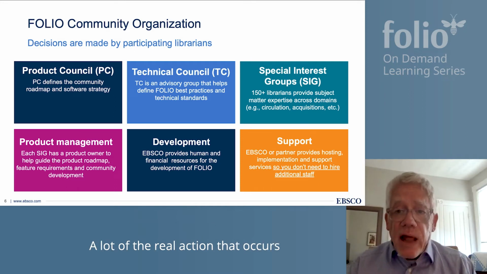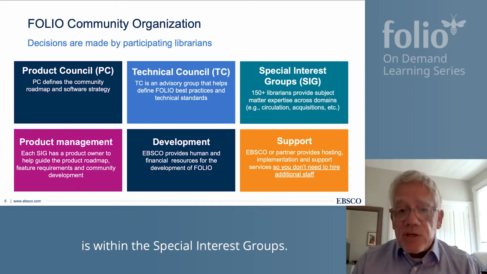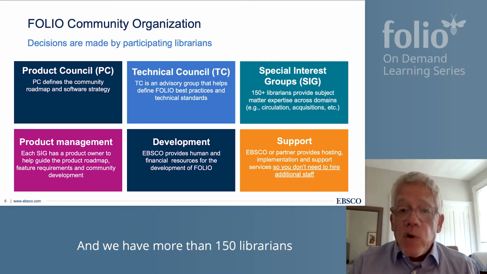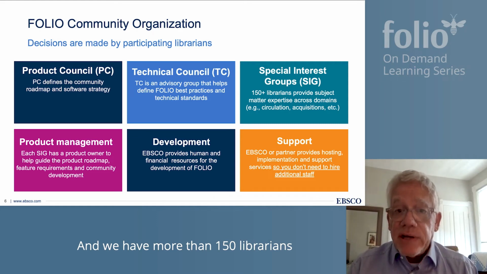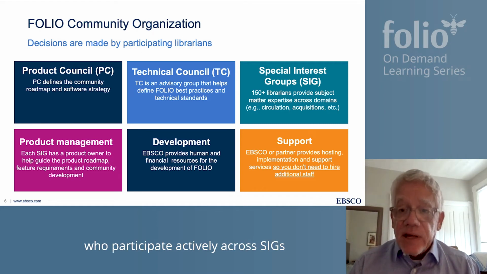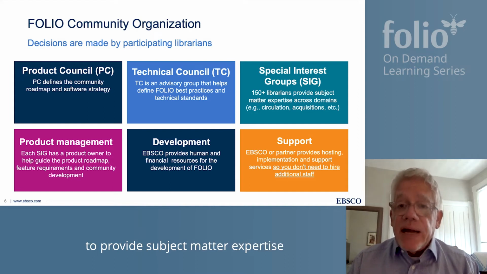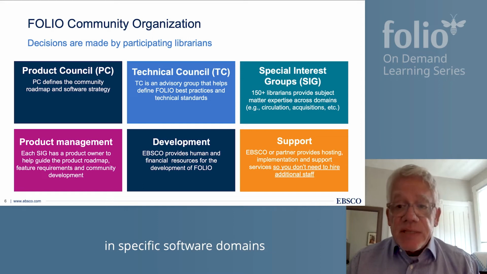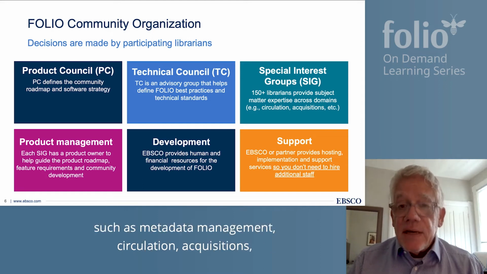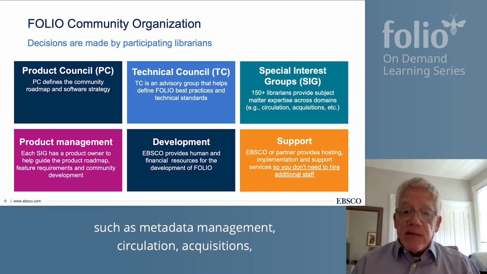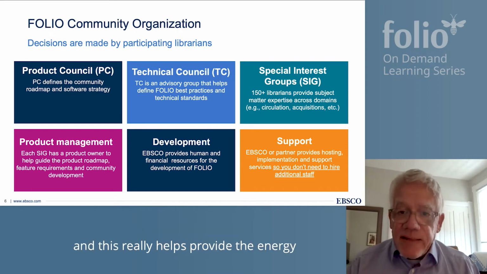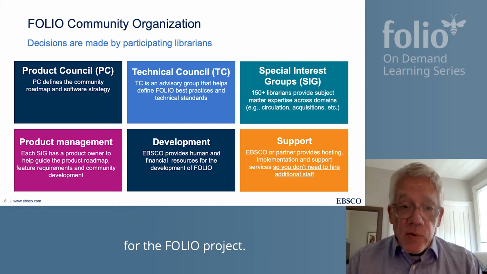A lot of the real action occurs within the special interest groups, and we have more than 150 librarians who participate actively across SIGs, or special interest groups, to provide subject matter expertise in specific software domains, such as metadata management, circulation, acquisitions, and this really helps provide the energy for the FOLIO project.